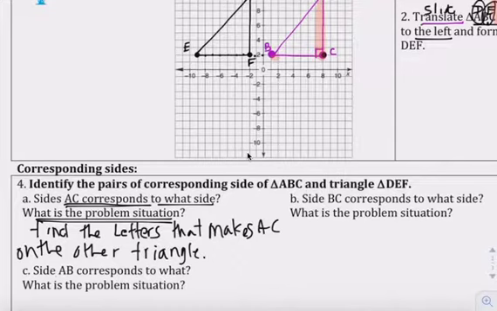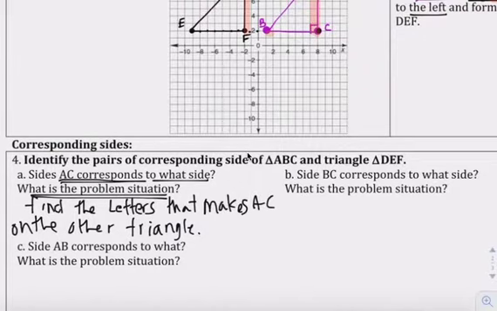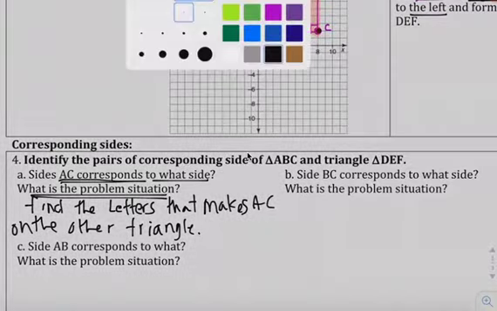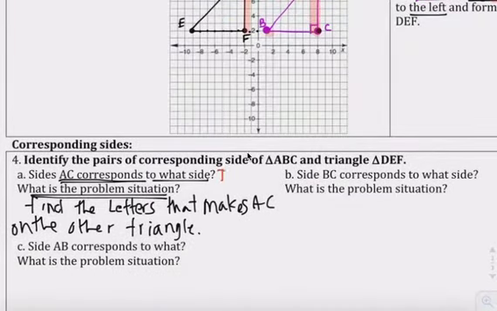So the other letter that makes AC is DF. You can see it, line segment DF corresponds to AC. Okay?